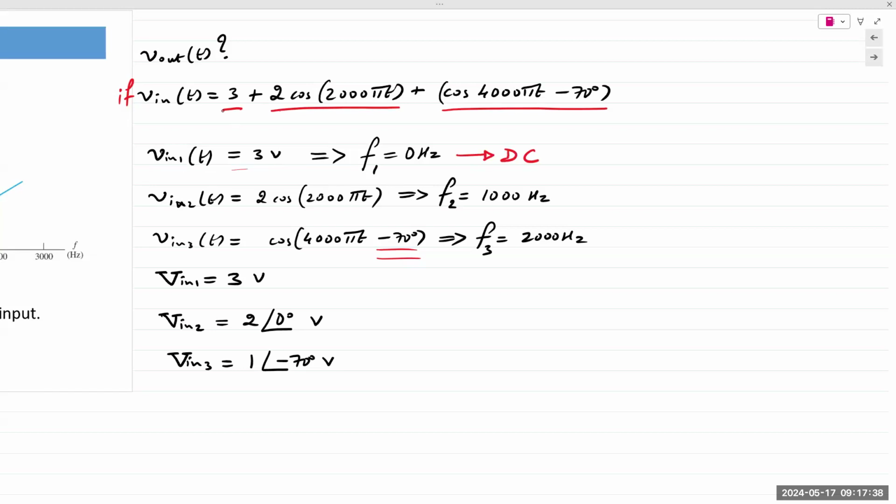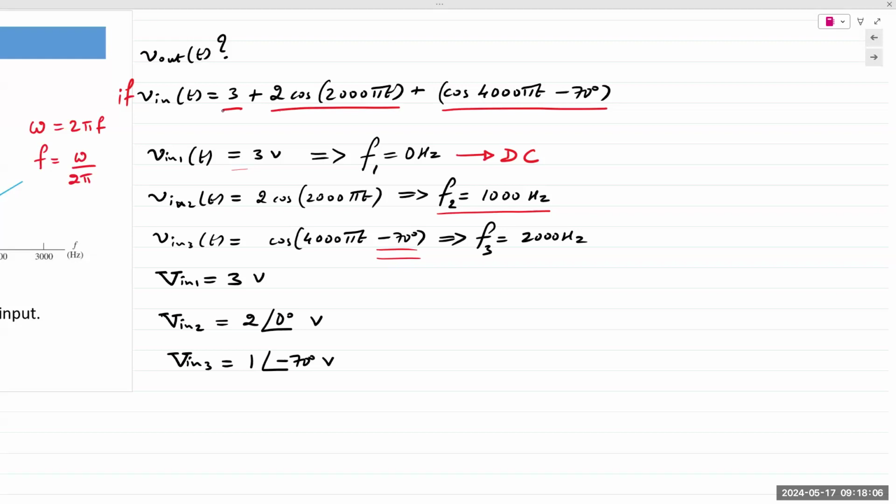V in 2 is 2 cos 2000 pi t. The frequency for the second component is 1000 hertz. Omega divided by 2 pi gives you 1000. So again, omega is 2 pi f, so f is omega over 2 pi.